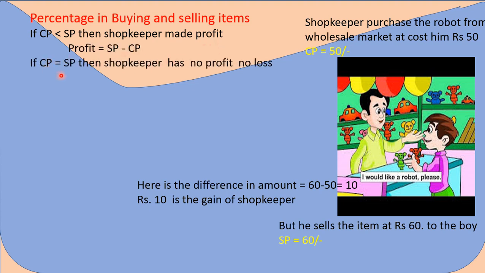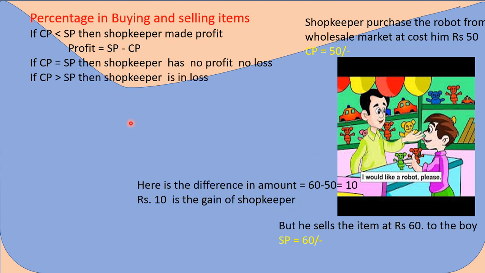Similarly, what happens when the cost price and selling price are equal? There is no loss and no gain. But let us take an example. If the cost price of the item for the shopkeeper is rupees 100 and he sells that item at rupees 90, the difference of the amounts, 100 minus 90, is 10 rupees. Now in this case the 10 rupees is the loss for the shopkeeper.